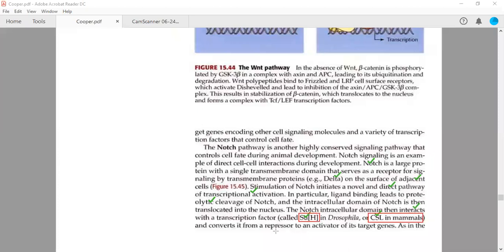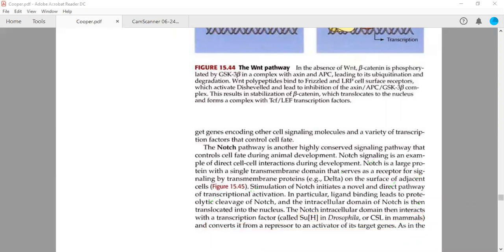Okay. So it inevitably converts it from a repressor to an activator of target genes. So once the Notch intracellular domain interacts with the transcription factor SU or CSL, it will convert these repressors into activators of these target genes, so that the transcription of target genes will be activated.